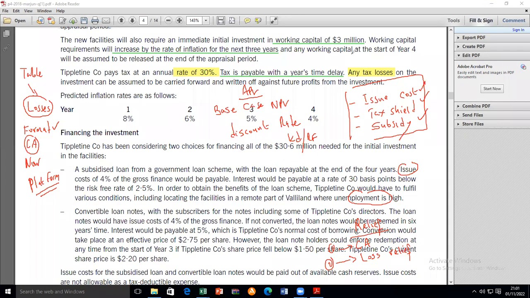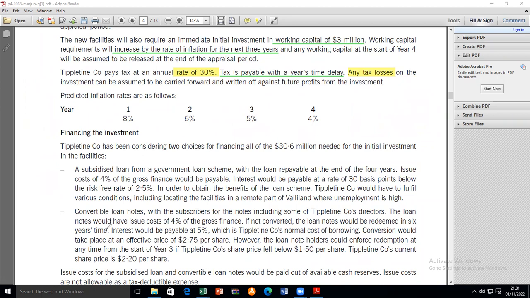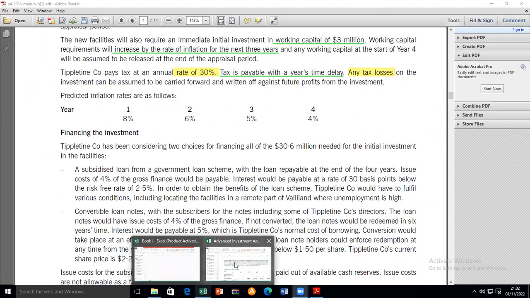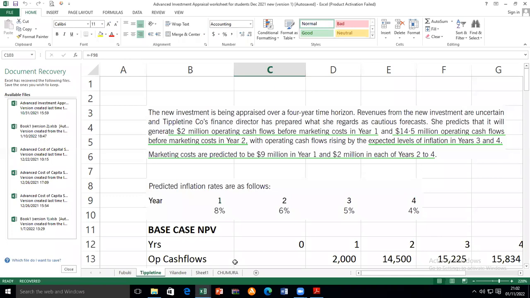With that brief briefing of the question debrief, we can now look at this particular question, and let us see what we can learn from it.